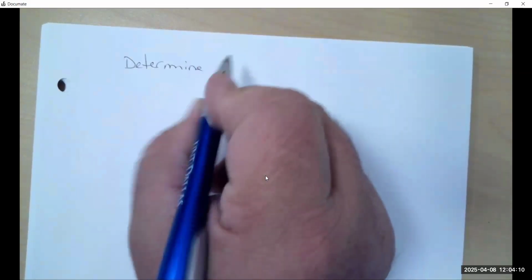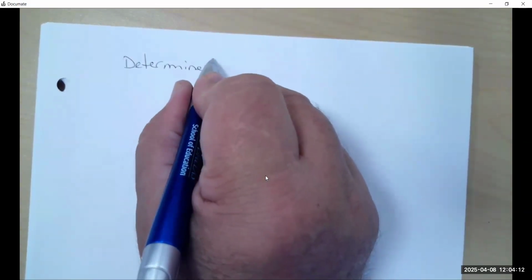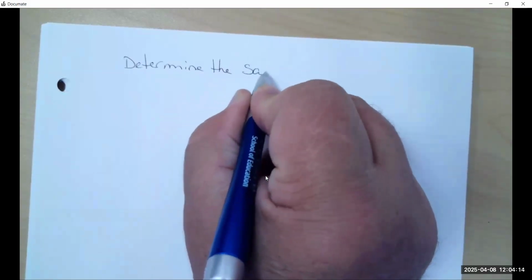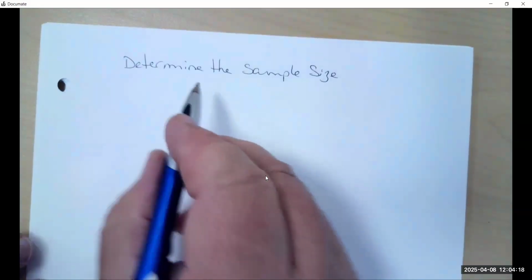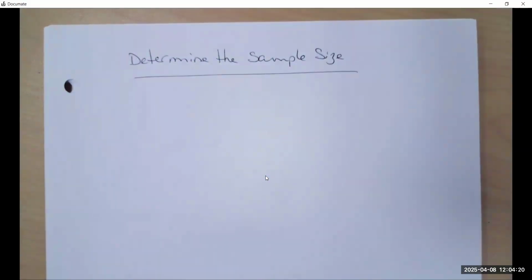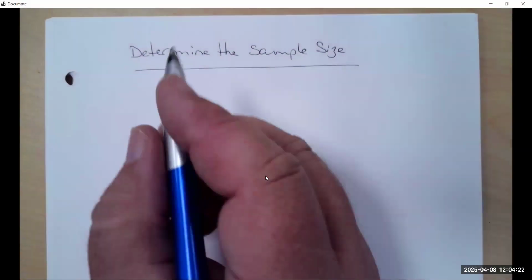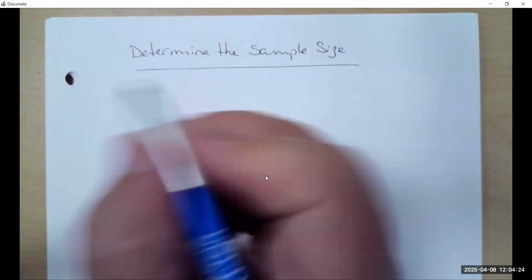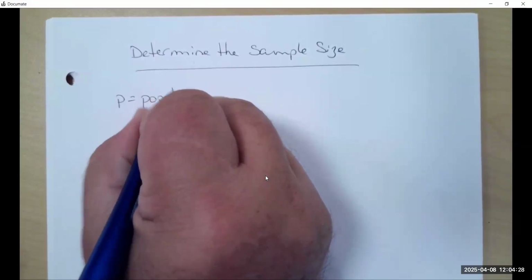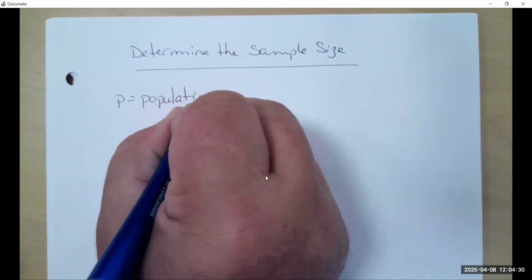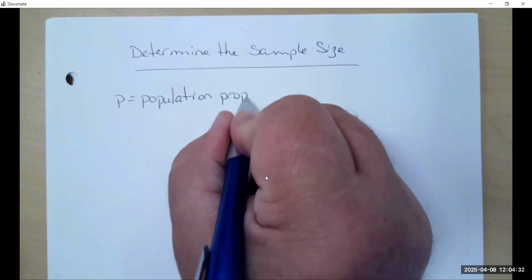Determine the sample size. There are two formulas. Let's first define the variables we'll be using. P is the population proportion.